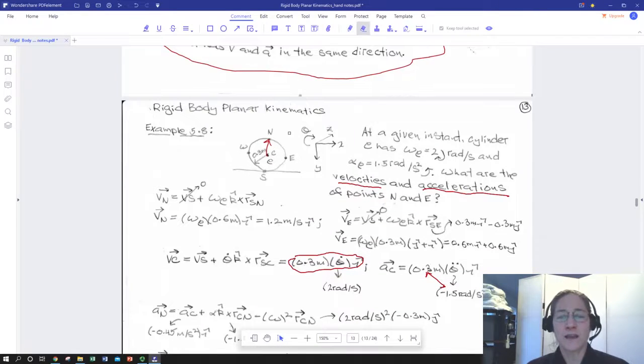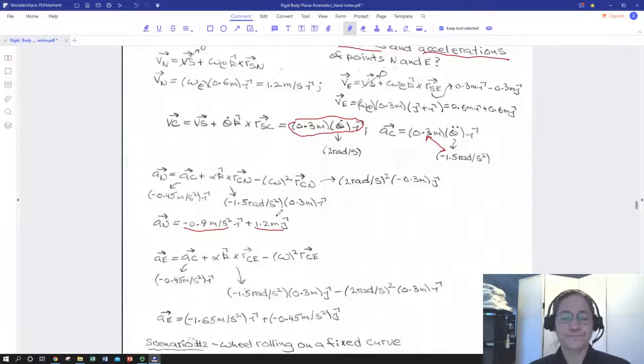Okay, what direction is that going? Notice direction gets to be very important. We've got a lot of cross products here, so the number one place you can make a mistake is with signs, or which way we're looking from a reference. So if we draw a vector from C to E, it's going in the positive i-hat direction.